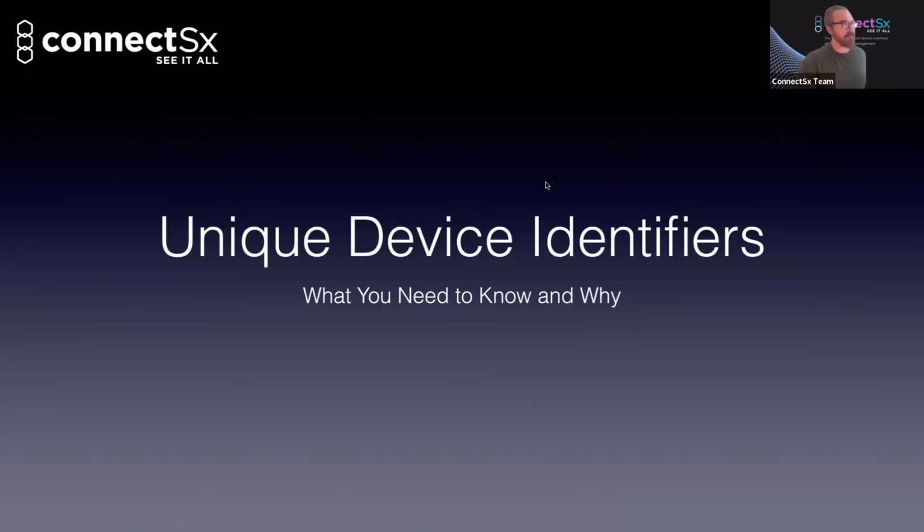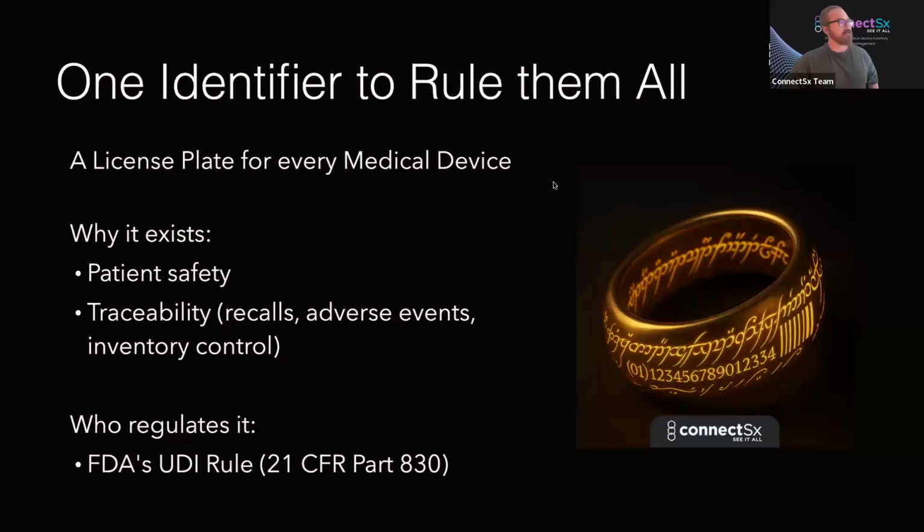Here we go. So UDI. You may be wondering why I'm forcing a Lord of the Rings reference this early on in a webinar, but I thought it was a pretty good metaphor because medical device identification up until UDI was really all over the place. There were a lot of different identifiers. Everyone has a catalog number, but sometimes it's called a reference number. Sometimes it's called an item number.